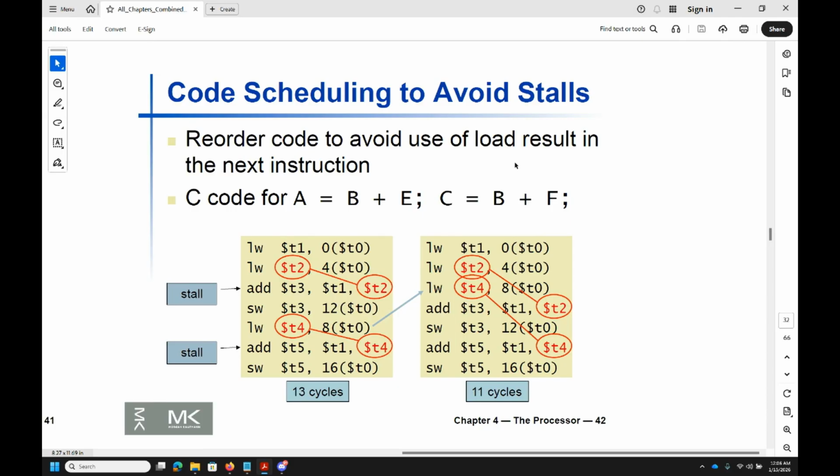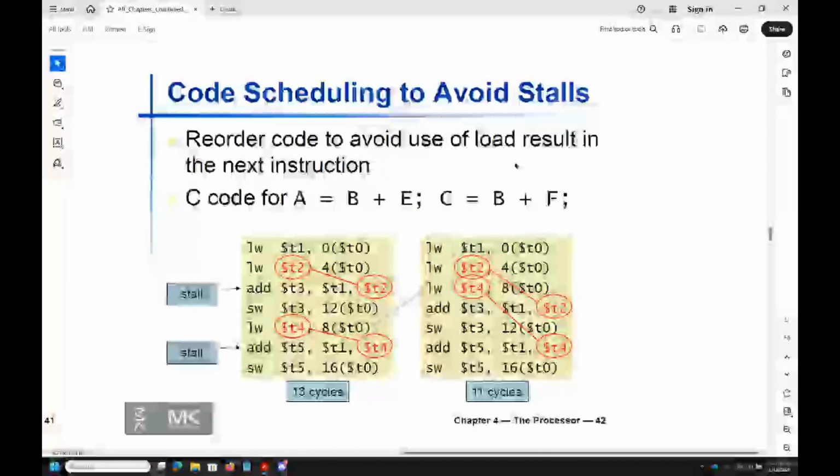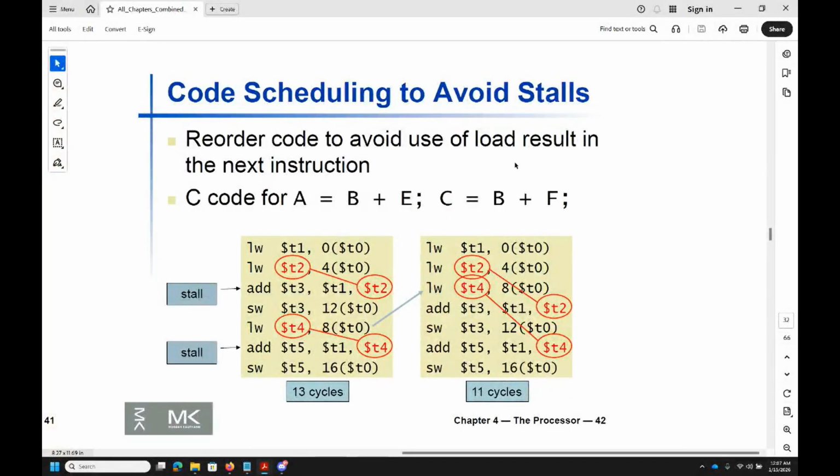The C code is A equals B plus C, and then C equals B plus F. Load, add, and so on.